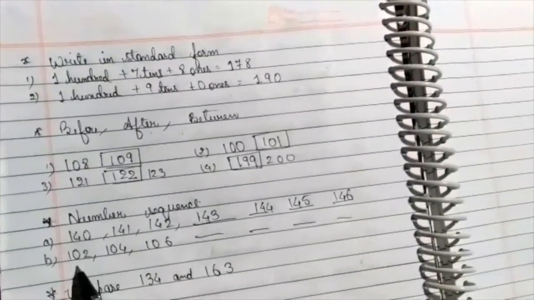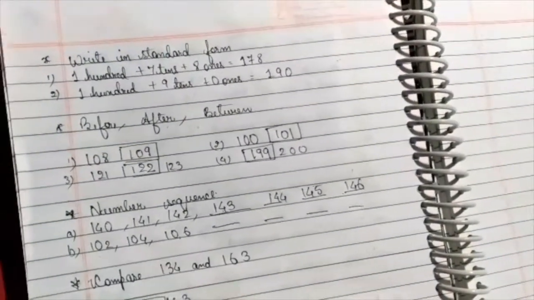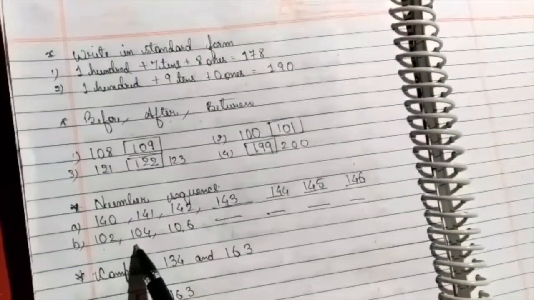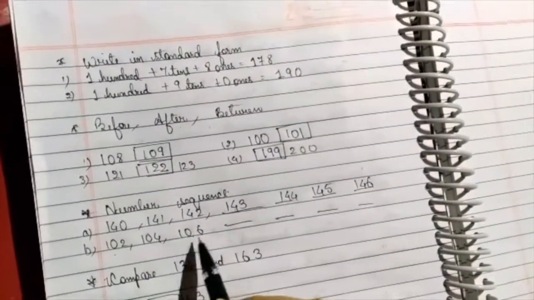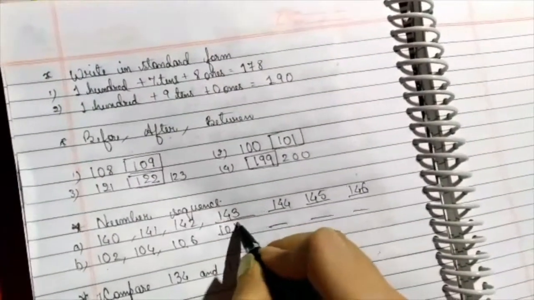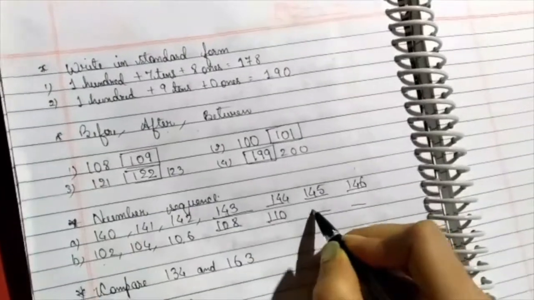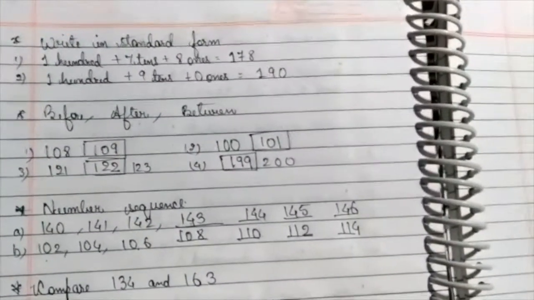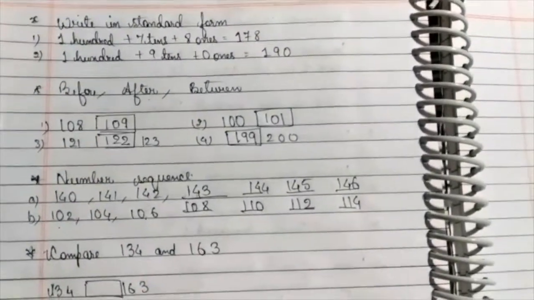Next we see 102, 104, 106. So 2 is being added. After 106, plus 2 is added, it becomes 108. Then comes 110, 112, 114. Practice more and more, you will get used to it.